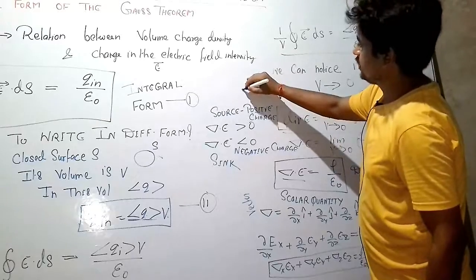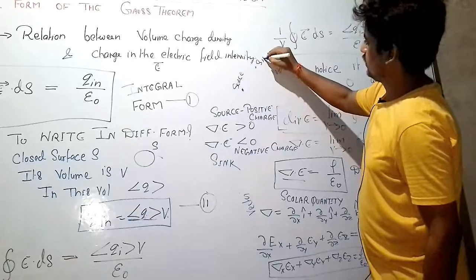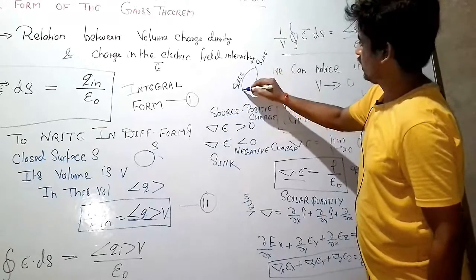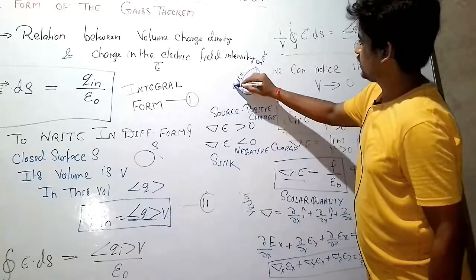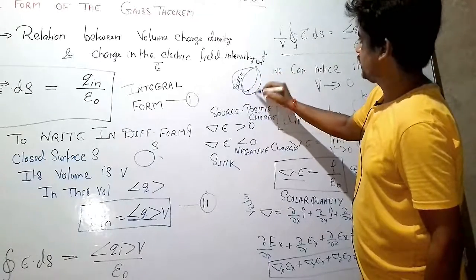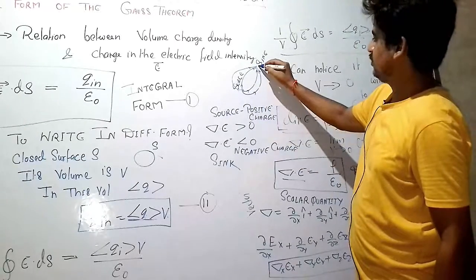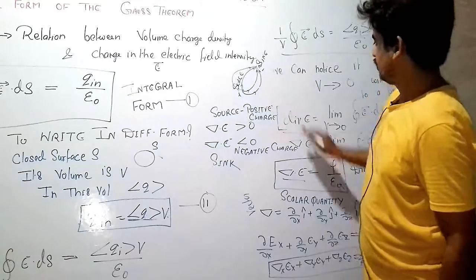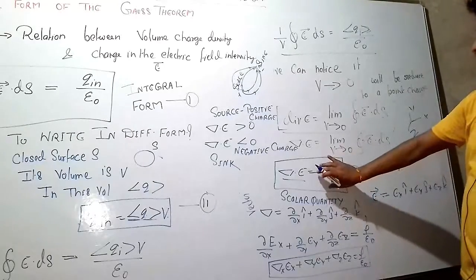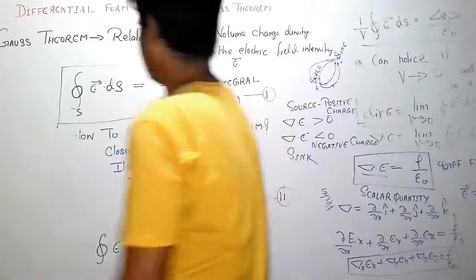So the electric field originates from the positive charge and sinks into the negative charge. This is the differential form of the Gauss theorem, and the other one is the integral form.